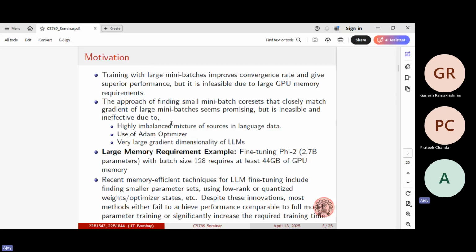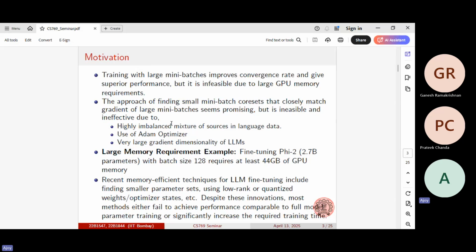So the paper I'm presenting, the main motivation for this paper was training LLMs, where we have mini batches. We want mini batches so that the convergence is fast.